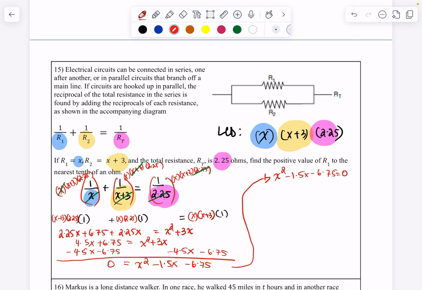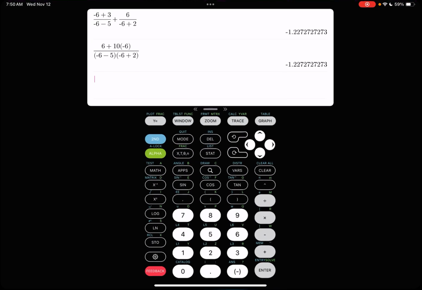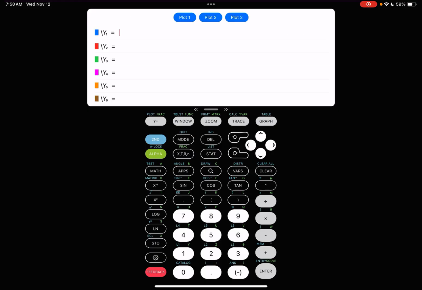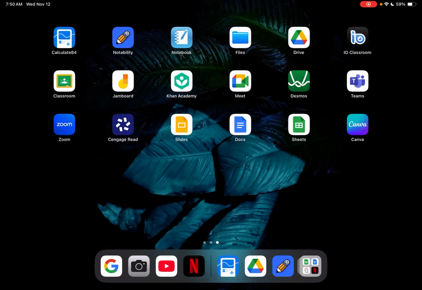Actually, we could turn the 6.75 into a fraction. That might be able to help us out a little bit. Or let me see if I could use a fraction or if I could use the calculator. Okay, so we have y equal, we clear it out. Let's see what were our two numbers.